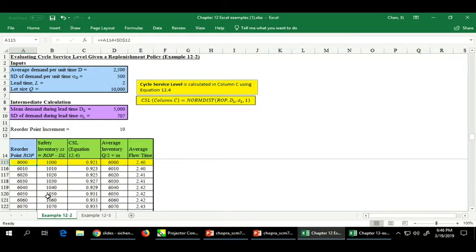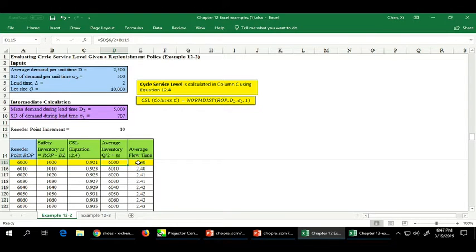If the reorder point is 6,000, then the safety inventory is the reorder point minus D times L, which equals 1,000. And the average inventory is safety inventory plus cycle inventory.